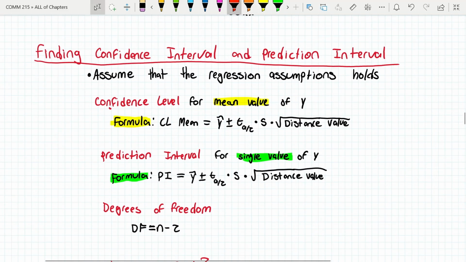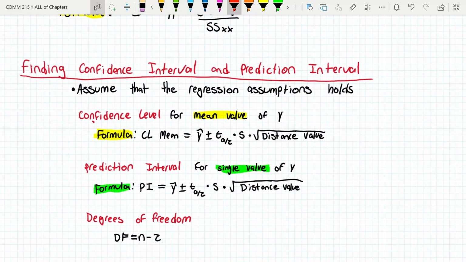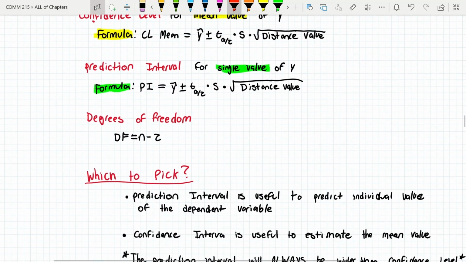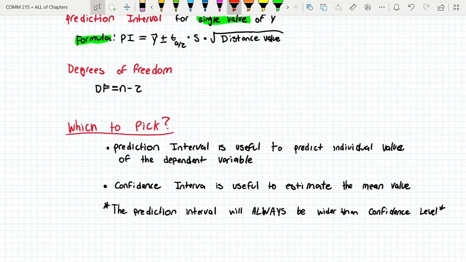So in this, your degrees of freedom would be n minus 2. So the formulas are the exact same, but the way you interpret it would be different, since one would be the mean value and one would just be a single value. So which to pick? Well, the prediction interval is useful to predict individual values.